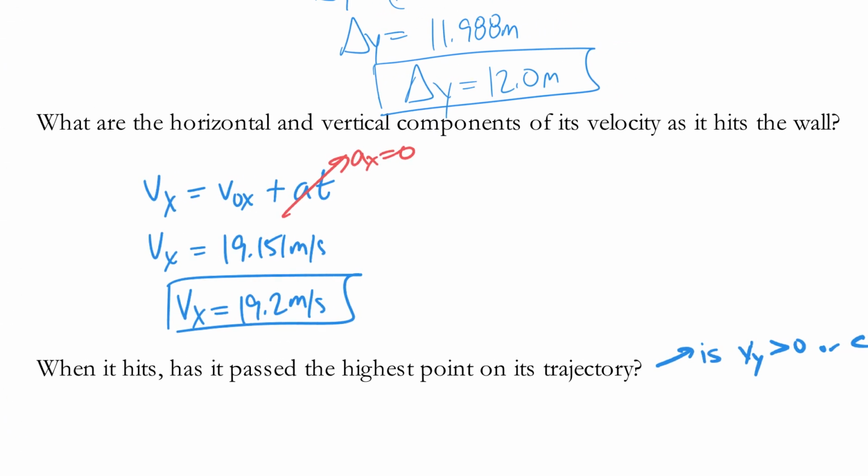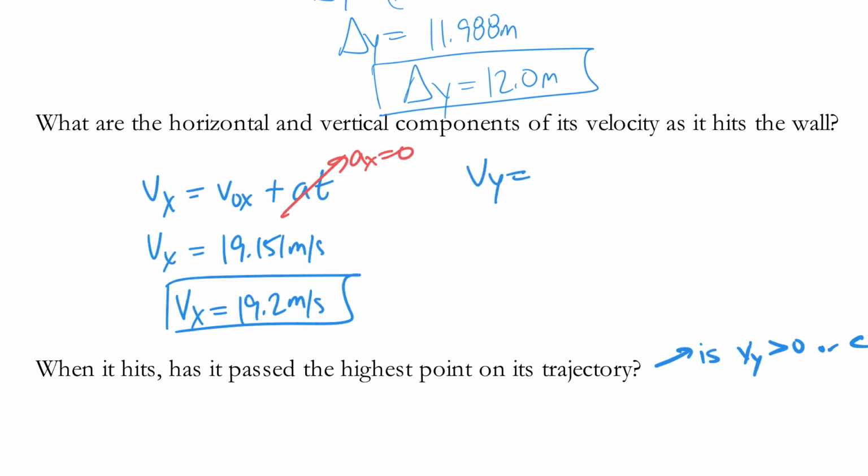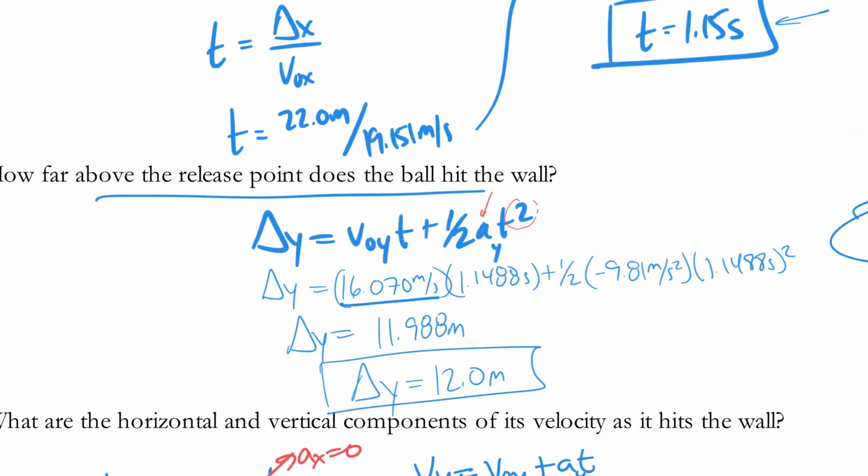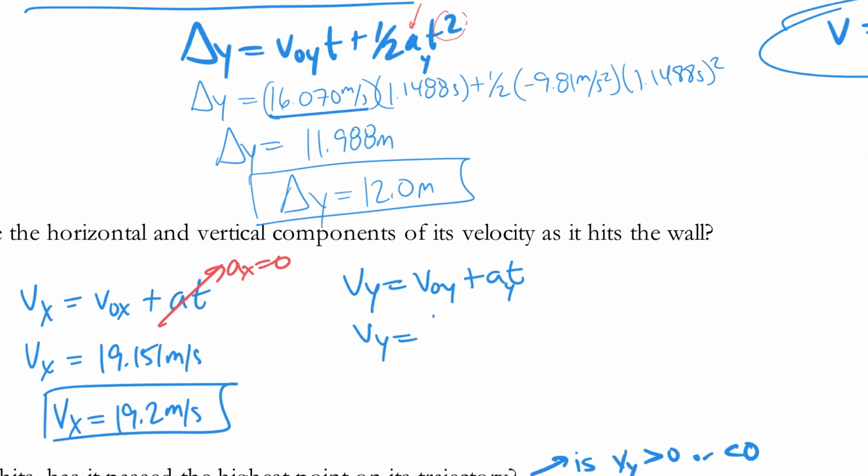Now in the y direction, v in the y equals v naught in the y plus at. This has got a little y on it. V in the y equals, what was the initial in the y? Oh, I have it right here. 16.070 meters per second, plus, don't forget the negative sign here, negative 9.81 meters per second squared, times the time.